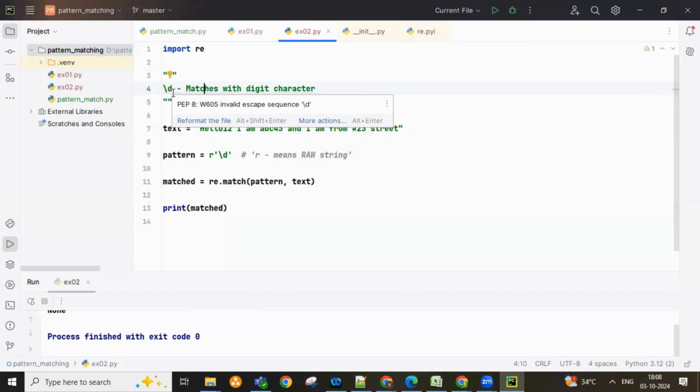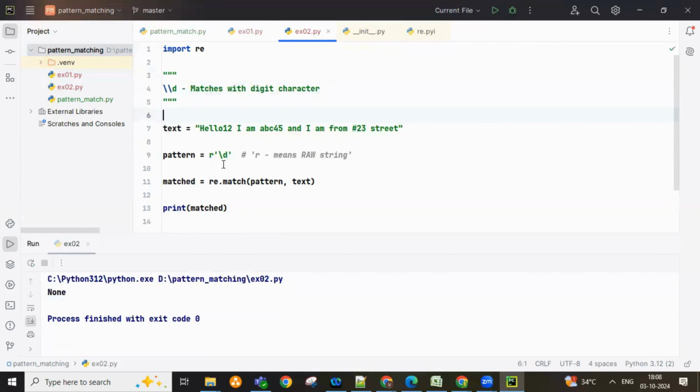Clear? Naveen, is that clear for you? So slash d is not accepted because backward slash has a special meaning, and to remove it we put one more backward slash. Got it? Even here. But in real time, when you keep r, meaning raw string, it will not make any complaint.